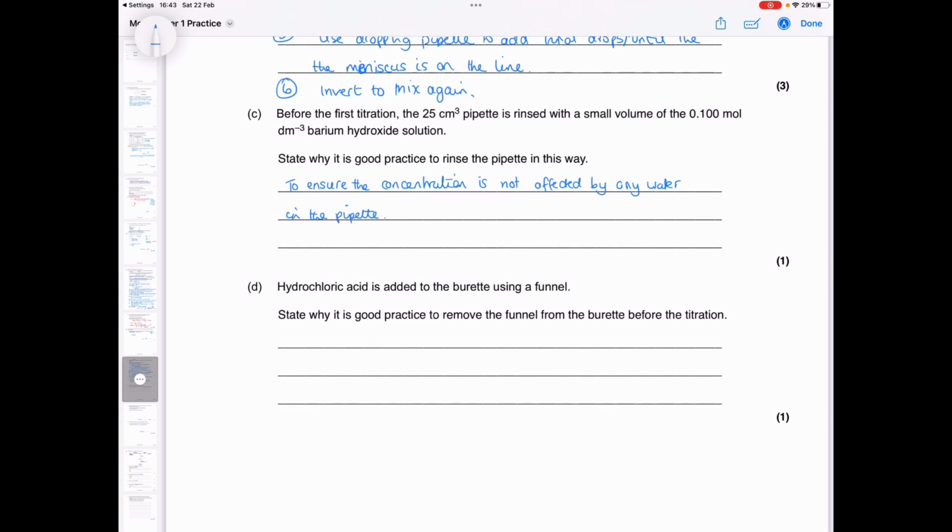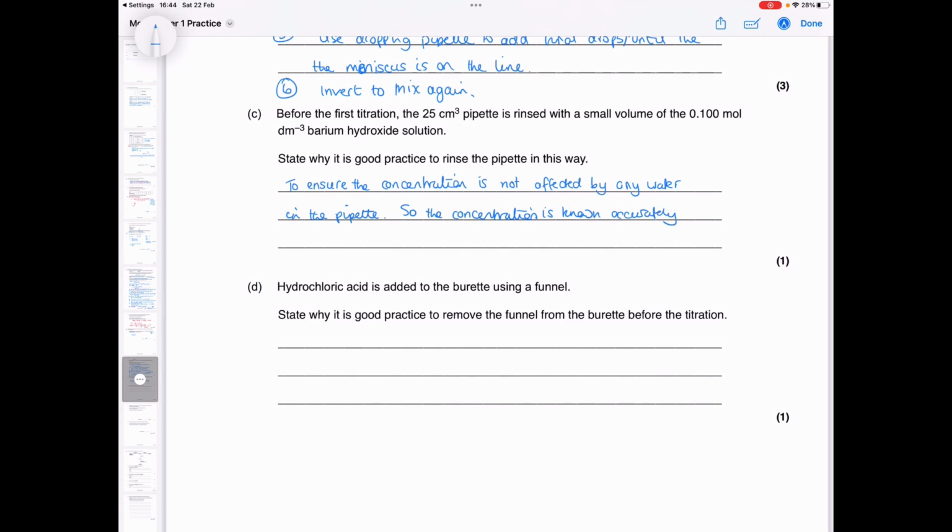So if we previously washed the pipette with water, there might be droplets of water in there that would affect the concentration, and we want it to be exactly 0.1 mole per decimetre cubed barium hydroxide, or at least at the concentration that we have calculated. So the concentration is known accurately.